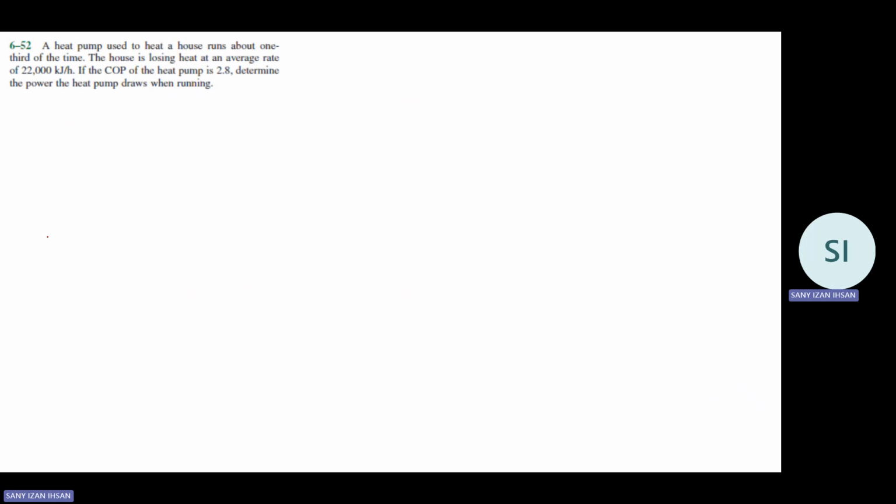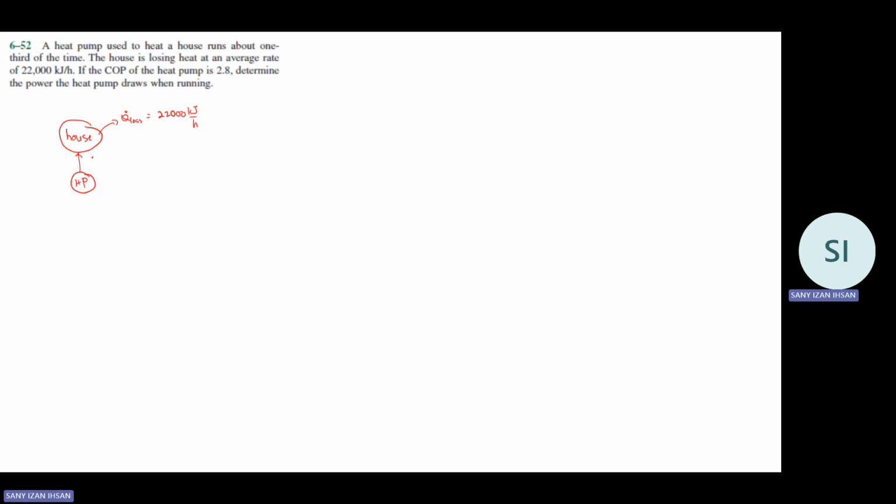Again, let's describe the situation. In this case, we have our house, and the house is losing heat. Okay, so Q out there in terms of loss. So Q loss dot is 22,000 kilojoule per hour. And of course, we have the heat pump to supply the heat that has to cover for the loss.